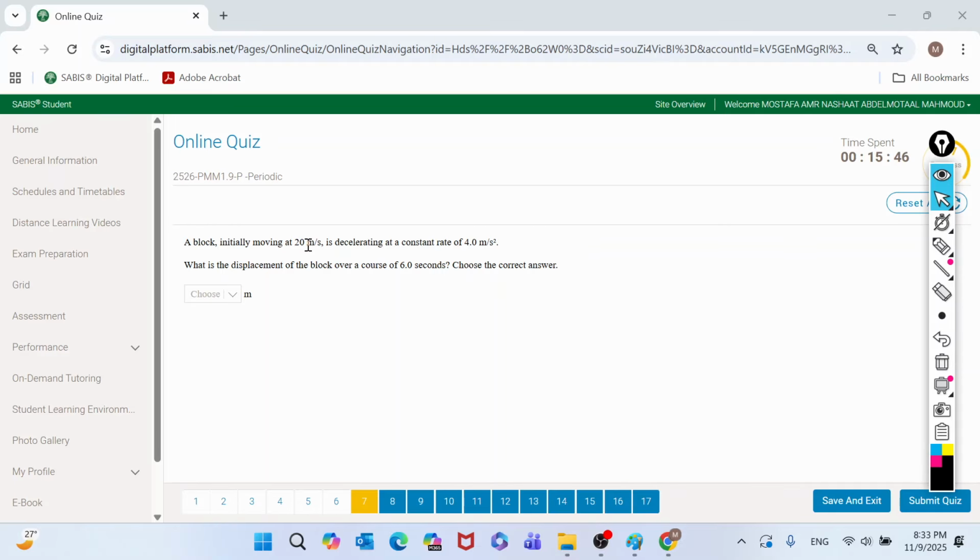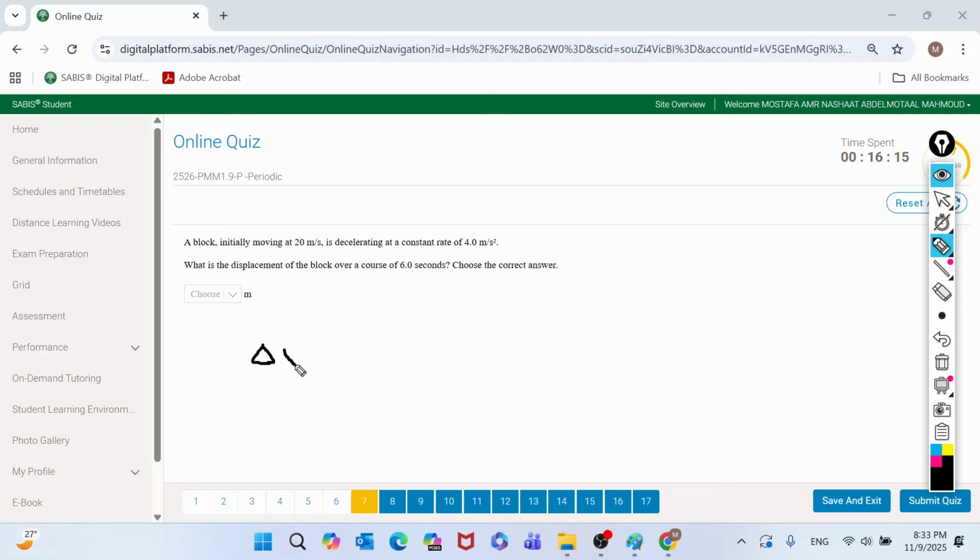A block initially moving at 20 meters per second is decelerating at a constant rate of 4 meters per second squared. What is the displacement of the block over a course of 6 seconds? Okay guys, so here we have all the information we need. So we're just gonna use the UARM formula. So delta x equals 1 over 2 a t squared plus v0 t, and that's what they want.